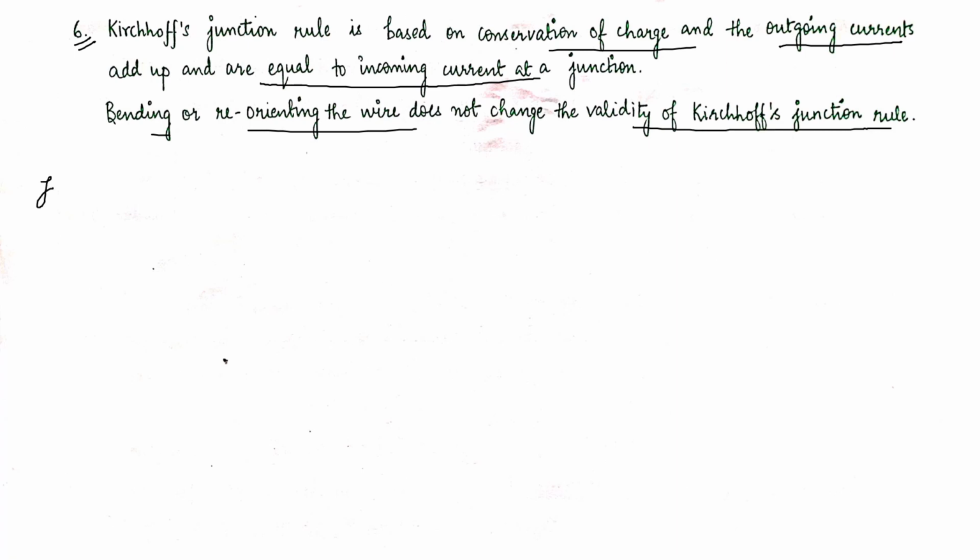So in the Kirchhoff junction rule, we have read that the incoming current at a junction equals the outgoing current from the junction.